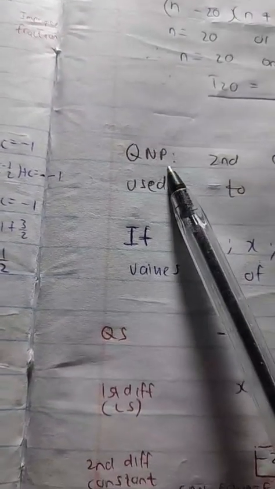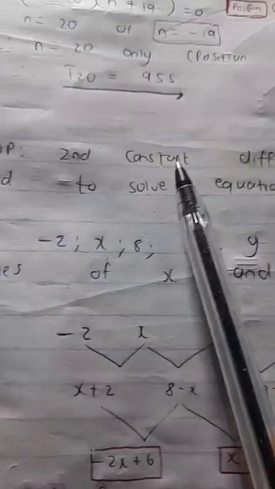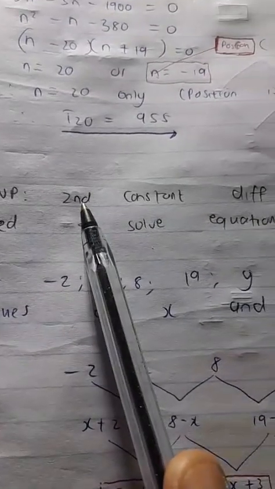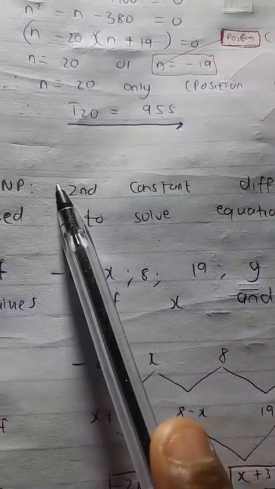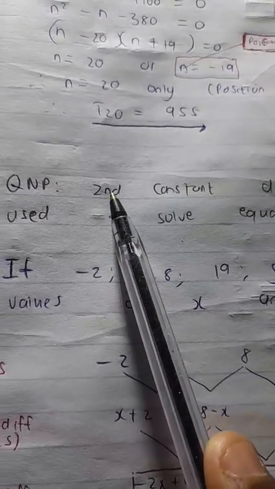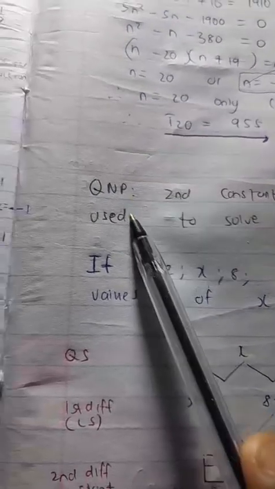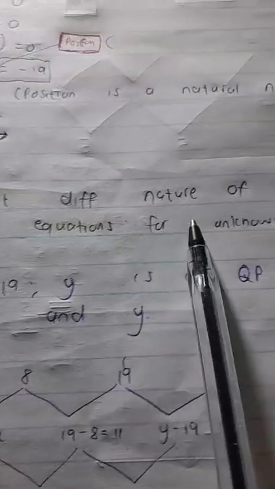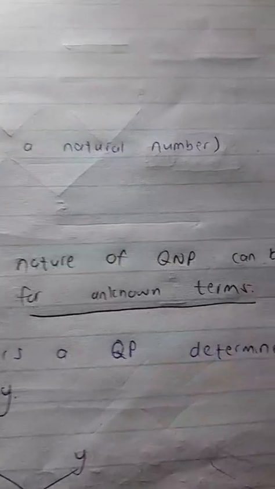So what we can conclude is that a quadratic number pattern has a second constant difference nature. All right, so the constant difference is found in the second difference for a quadratic number pattern. And this can actually be used to solve equations for unknown terms.